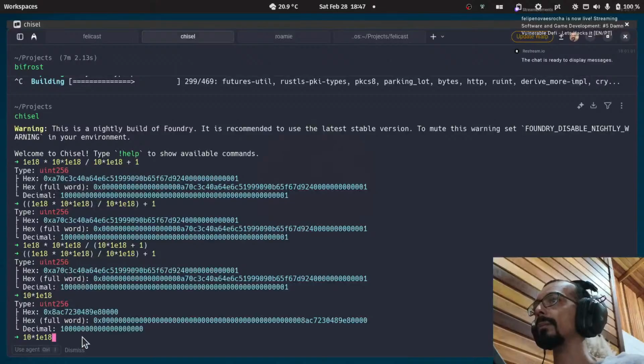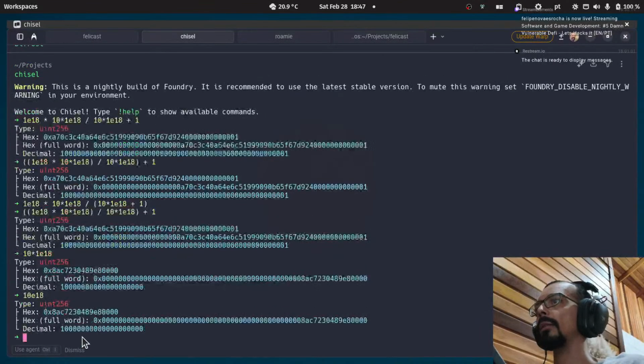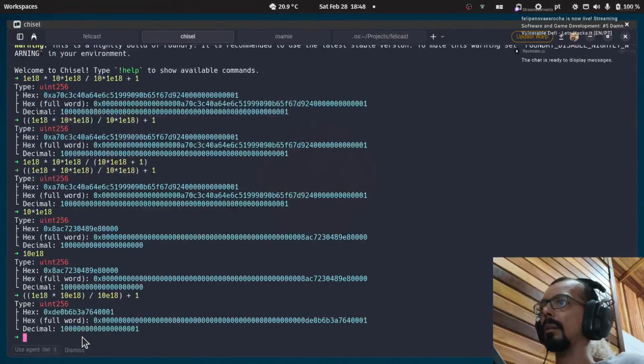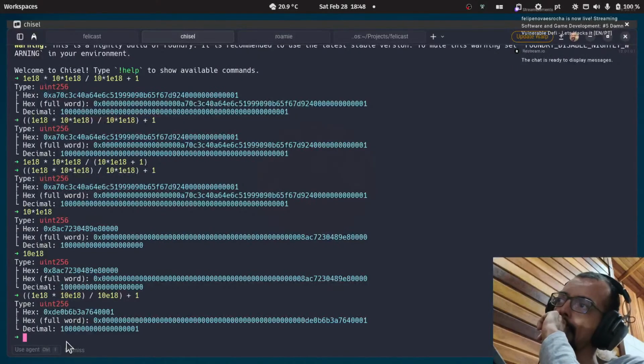By the way, why did I not just put it like that? Oh, now it's correct. Yeah, the multiplication there was not right. So they have a plus 1 because I'm adding 1. That should be 11, right?